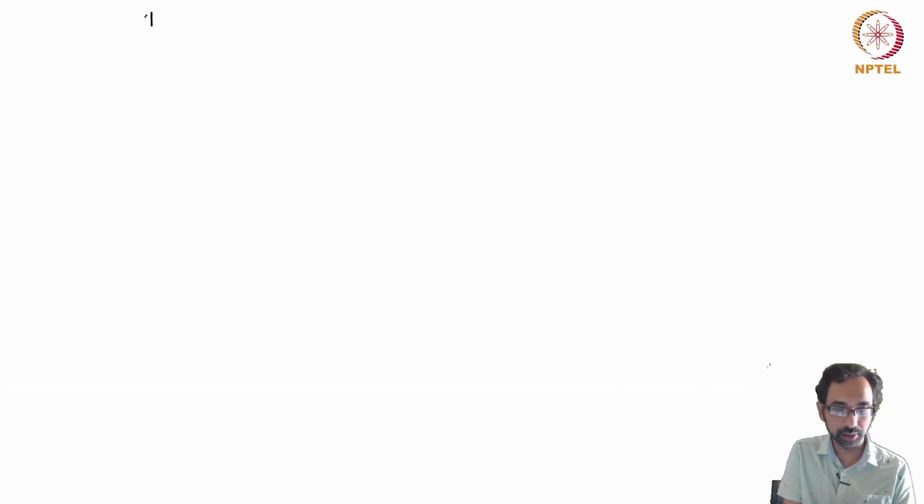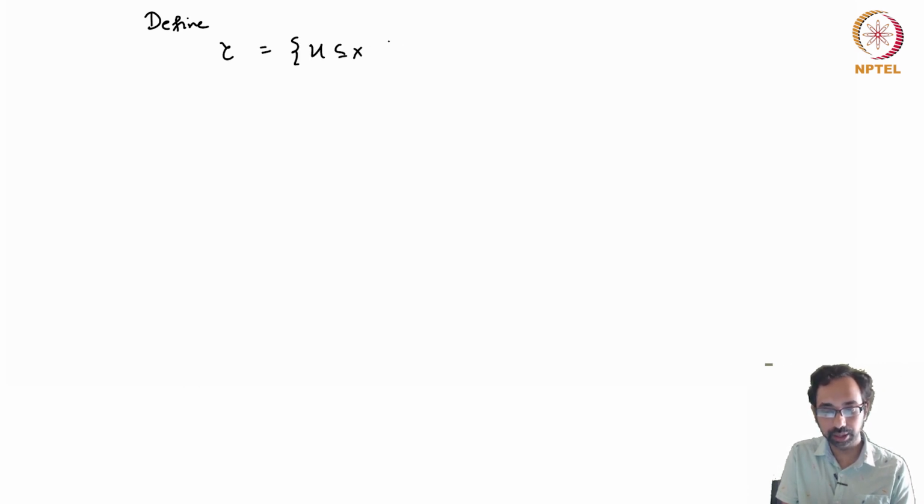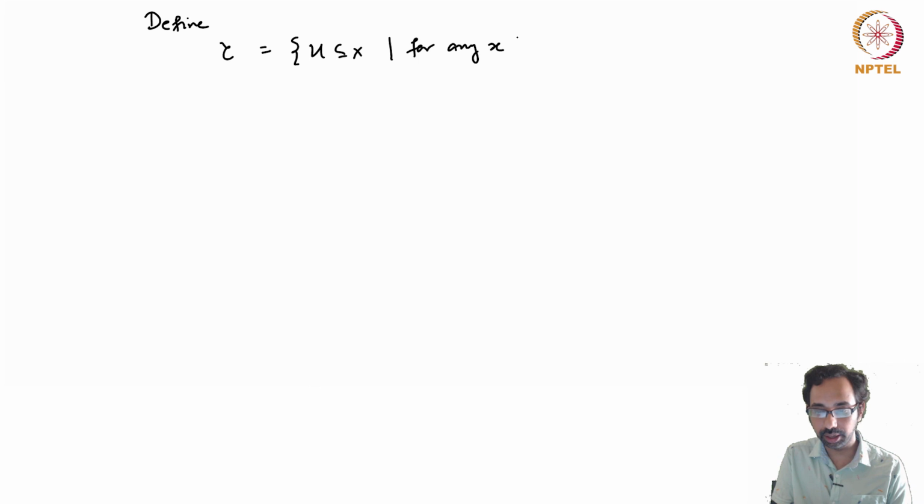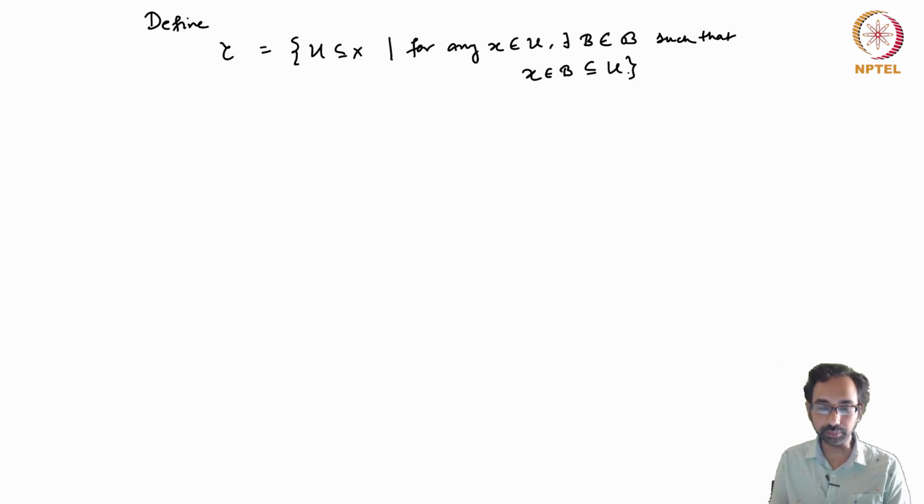So define tau to be the collection of subsets U of X such that for any X in U, there exists a member B of this basis such that X belongs to B and B is a subset of U. So this is a collection of subsets of X, and since we denoted it tau, you might have guessed that this will form a topology on X, and this is indeed the case.